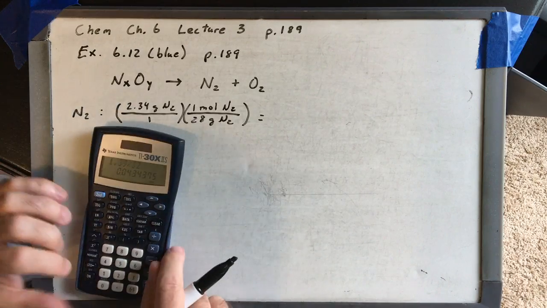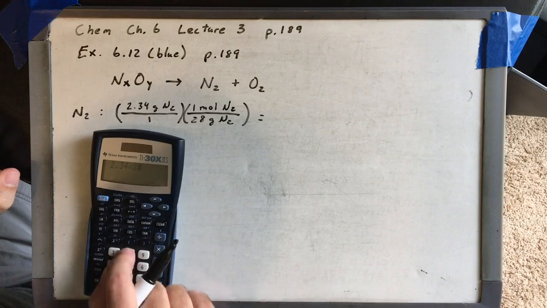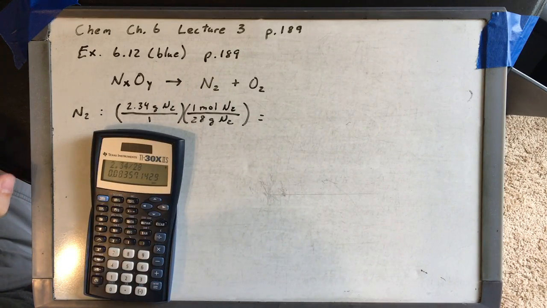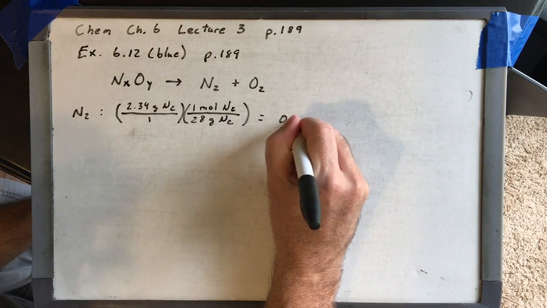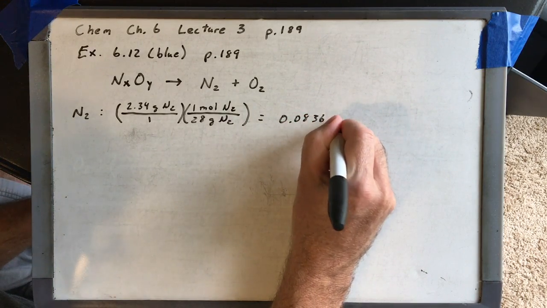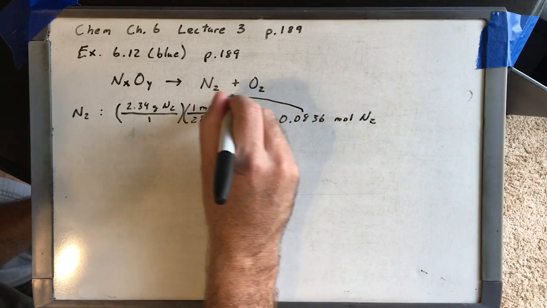All right. So we'd have 2.34 divided by 28 is 0.0836 moles of N2. So we're going to put that right there.